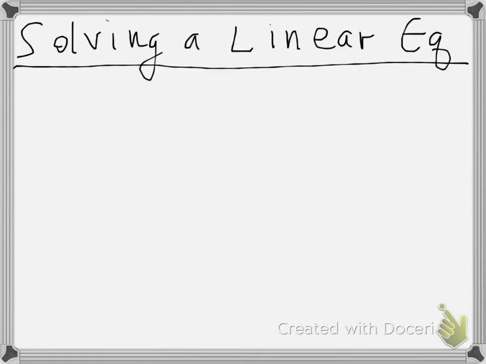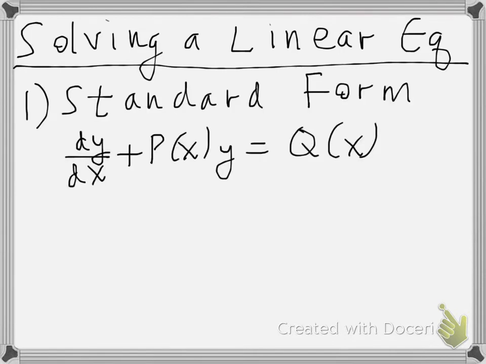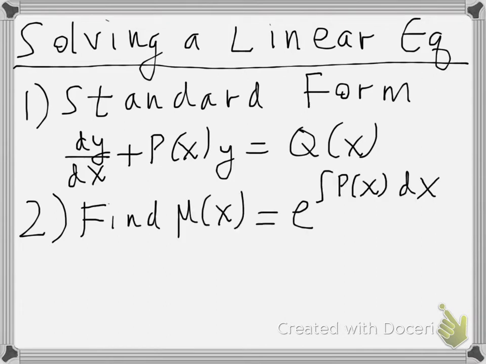So in summary, let's talk about what the steps are for solving a first-order linear differential equation. Step 1 is you put the equation into standard form, which looks like dy dx plus p of x times y equals q of x. The second step is that you calculate the integrating factor mu of x using the formula mu of x equals e to the integral of p of x dx, where p of x is the function next to y that you got from the first step of your standard form.